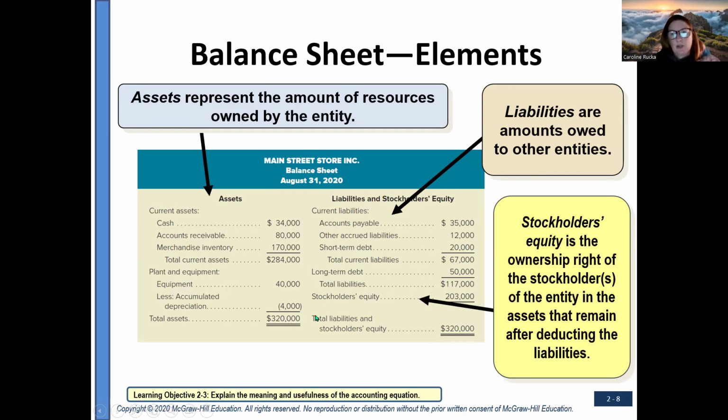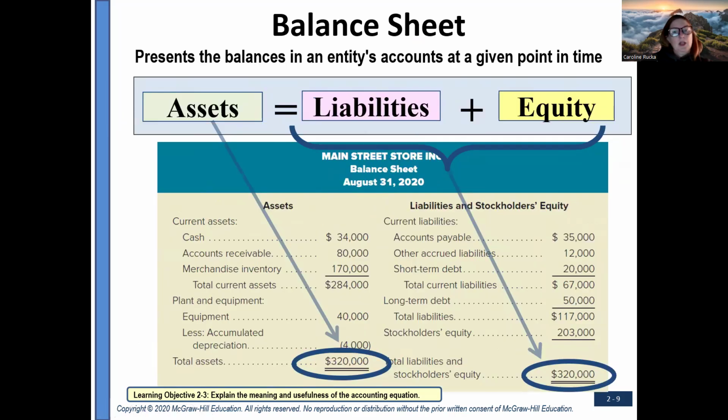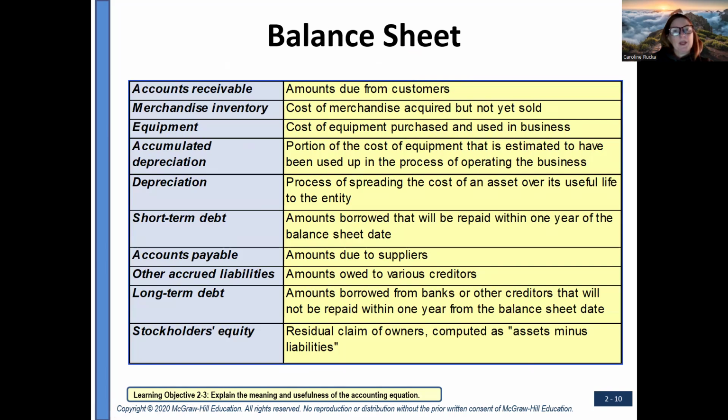They equal the total assets. Here again is our accounting formula in its simplest form. And here we're just describing what each line item on the balance sheet is.